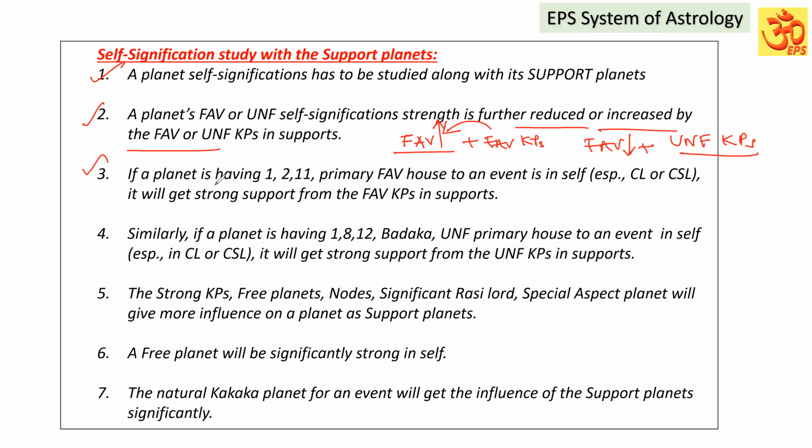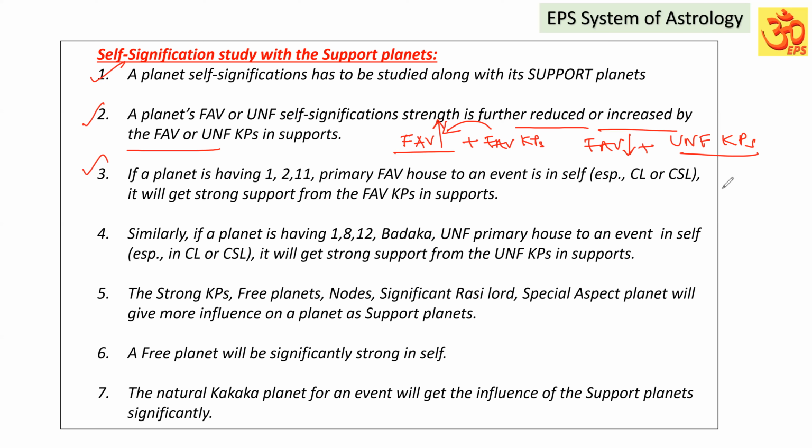Next, if a planet has 1, 2, 11 or a primary favorable house to an event in self-signification, especially cuspal lordship or cuspal sublordship, it will get strong support from the favorable key planets in its supports.